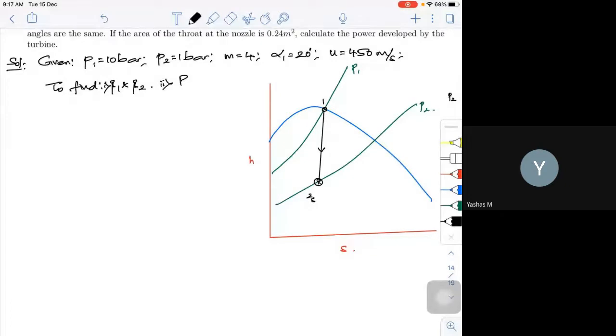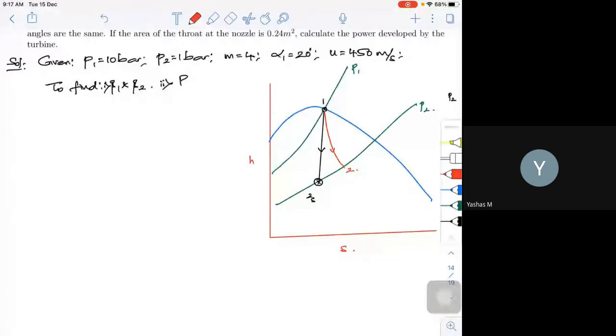But we know that because of friction, it can't go isentropically. It may take some other deviation, so the actual expansion will always be something like this. This will be my actual expansion, that is 2.